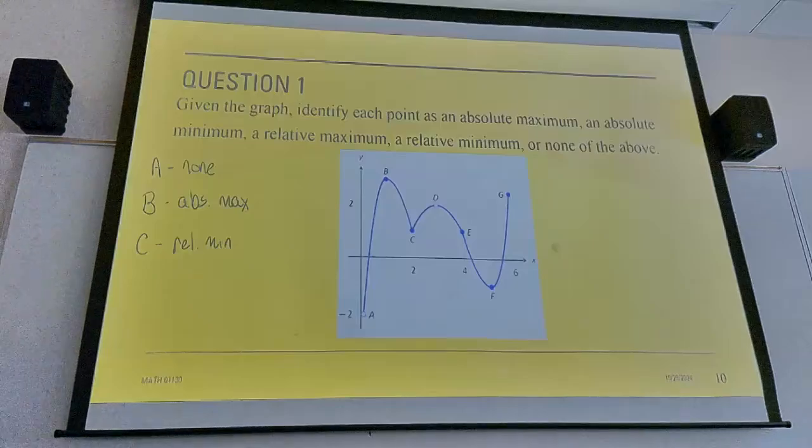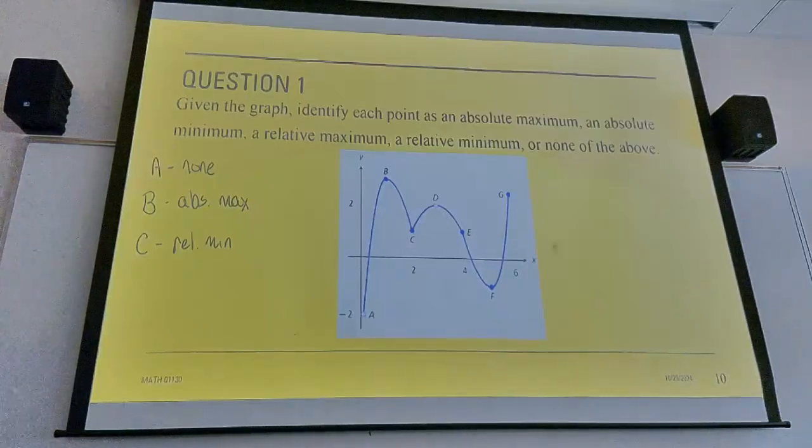By the way, if you look at B, the derivative is 0, right? What about C? That derivative is undefined. Right. Remember, when you meet at a cusp like that, your derivative is undefined.